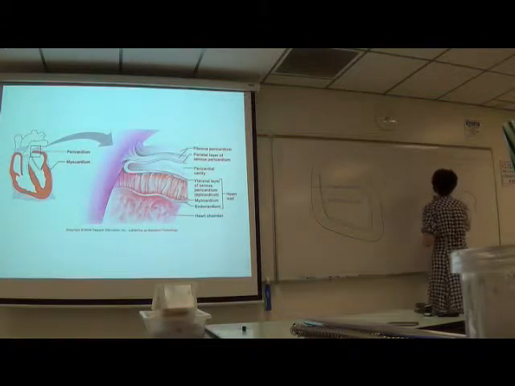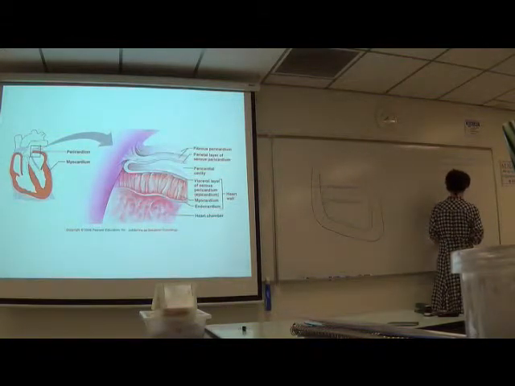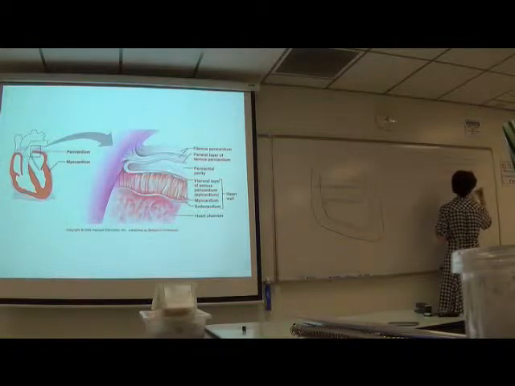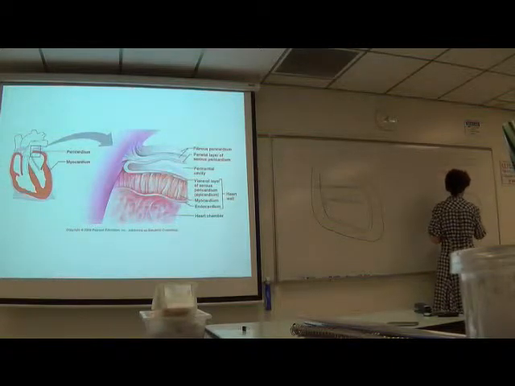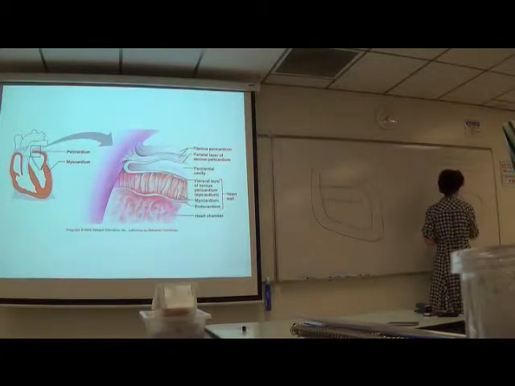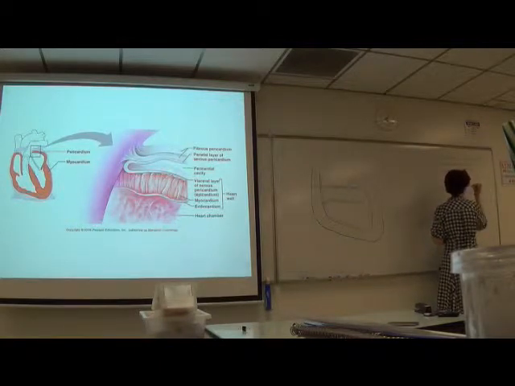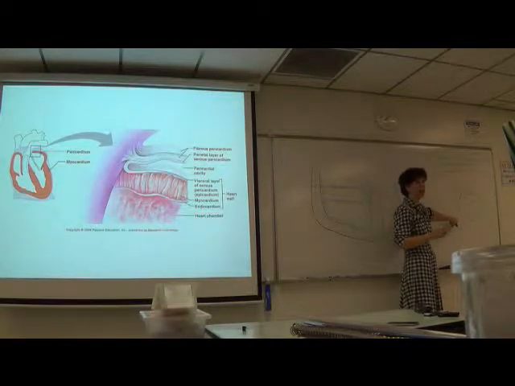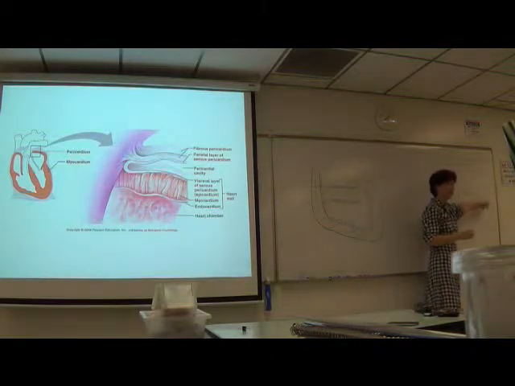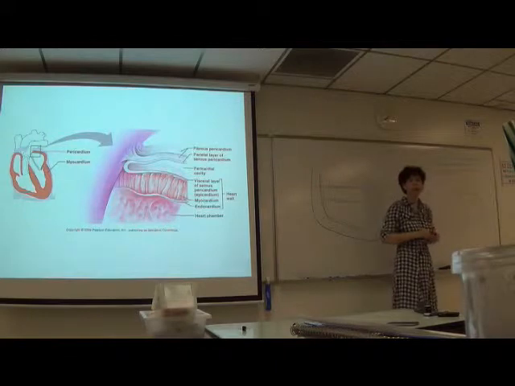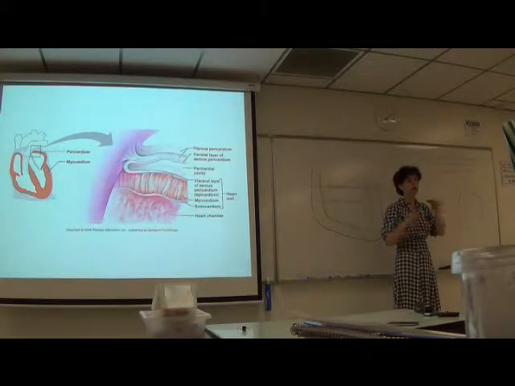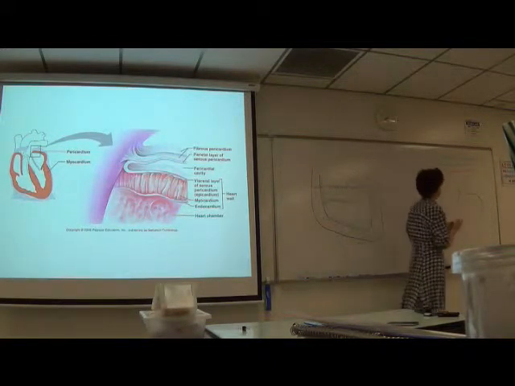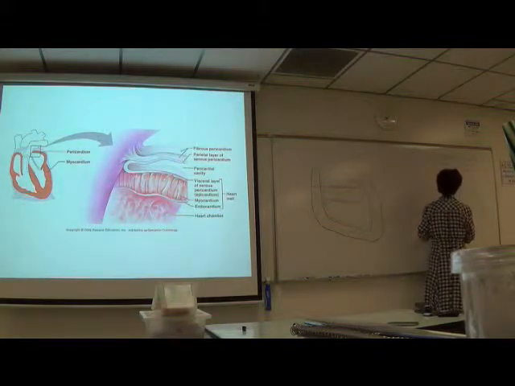Well, actually, let me draw it the other way around because the heart structure is this direction. So where it's attached to the heart is the visceral pericardium, and then it folds back on itself, and where it folds back on itself, it becomes the parietal pericardium. So we have an enclosed fluid-filled space known as the pericardial cavity. So I'll label this here, and then I'll draw it over here.